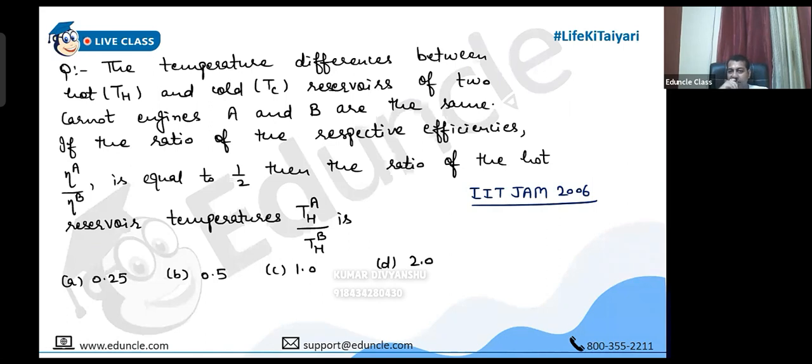Easy one, simple formula. The ratio of the efficiencies is given. You just have to substitute the formula.